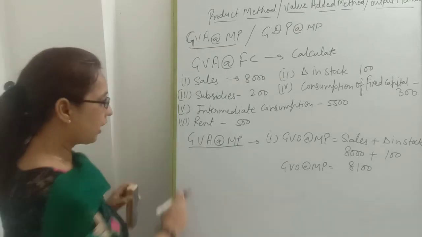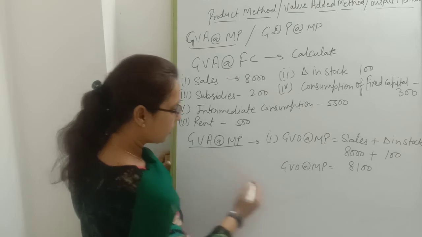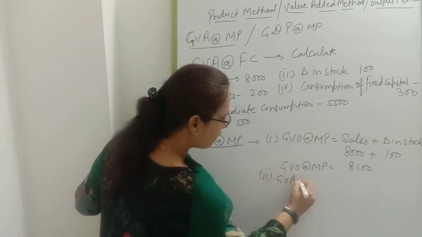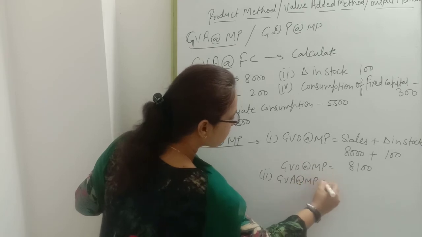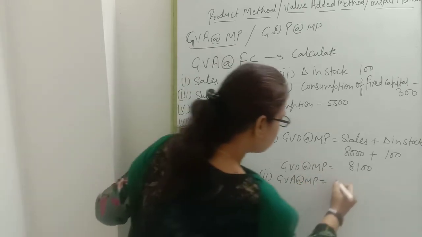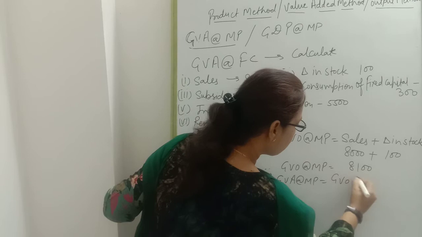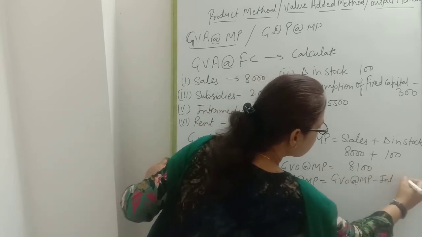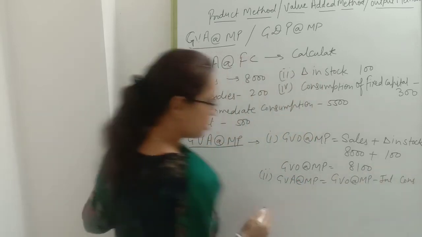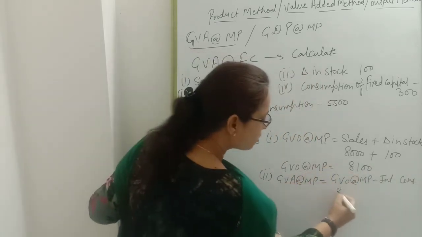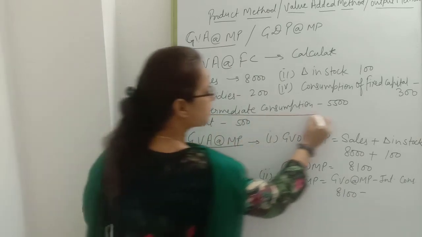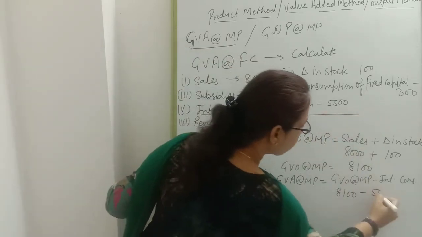Now, next we are going to calculate GVA at the rate of MP. How to calculate? GVO at the rate of MP minus intermediate consumption. GVO at the rate of MP is 8,100 minus intermediate consumption, which is given in the question, 5,500.